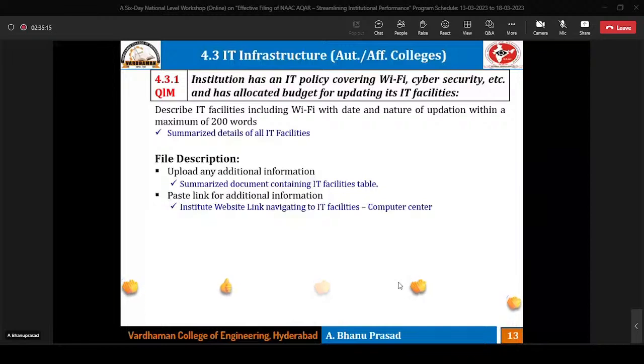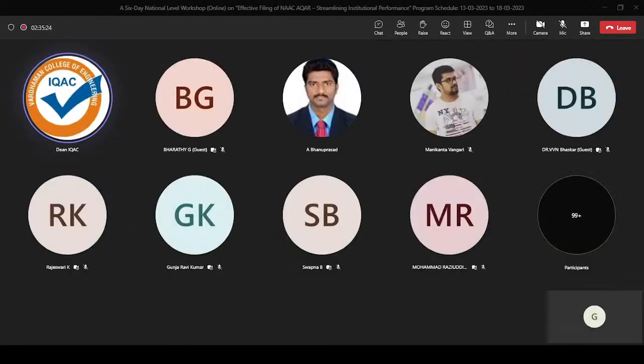Before concluding the session, let me take the privilege to give the vote of thanks. On behalf of the entire audience, I would like to express our sincere gratitude for sharing your valuable insights on criteria 4 of NAAC AQAR on infrastructure, making this session a success. Your speech shed light on the importance of infrastructure in higher education institutions and the need to meet the quality parameters set by NAAC.